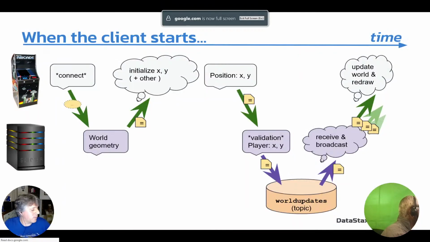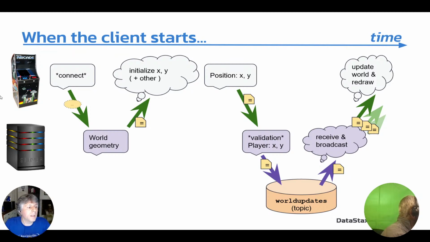So very quickly, what happens when the client starts? Well, as soon as the WebSocket connection is initiated by the client to the API, as I already said, the server will send a geometry message telling the client, my world is so large and so tall, at which point the client will invent an initial position for the player. It will send the message player position to the server.